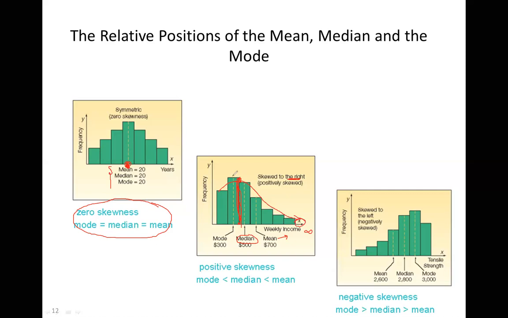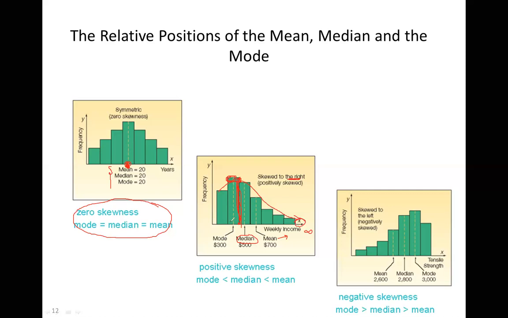Why? Because the highest frequency is at that point. And how do we calculate the mode? We calculate the mode as the value with the highest frequency, so by logic the mode is somehow biased to the highest frequency values.